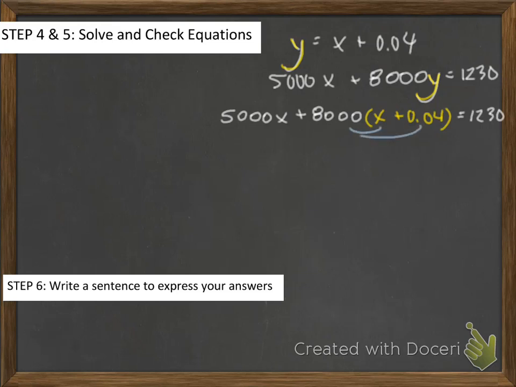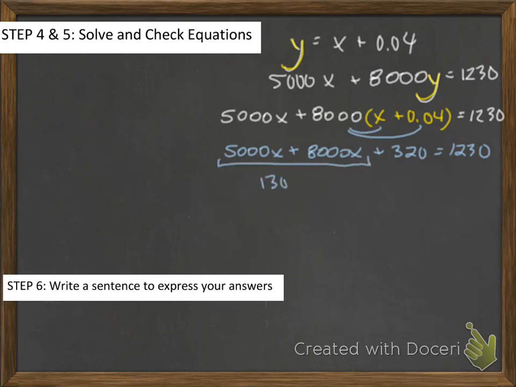So, of course, I'm going to use the distributive property here. This is 320. Okay, so these are like terms. I can combine them. This gives me 13,000x plus 320 equals 1,230.